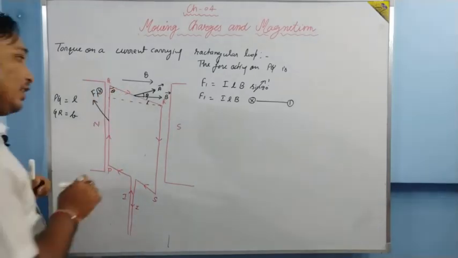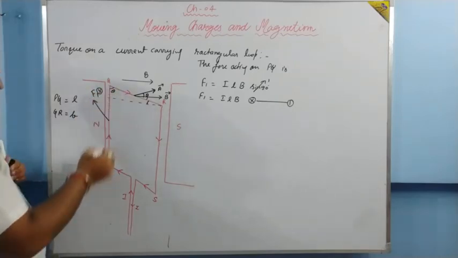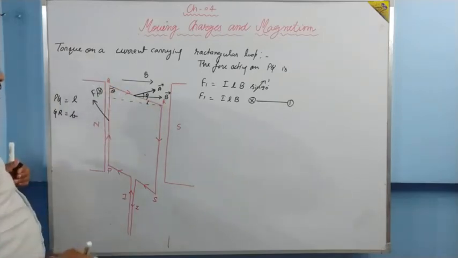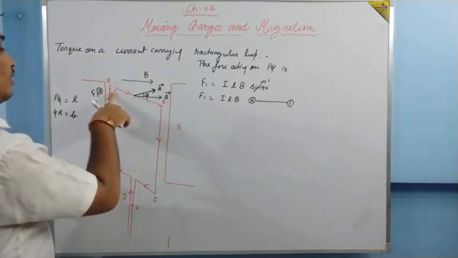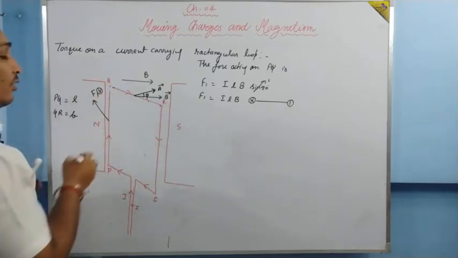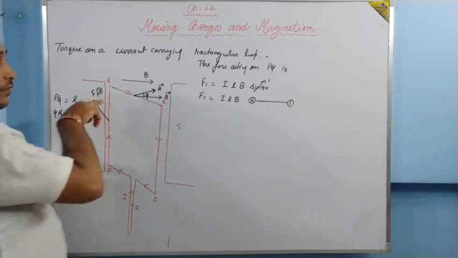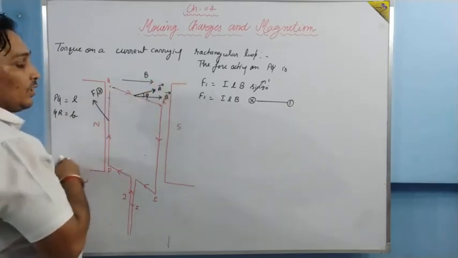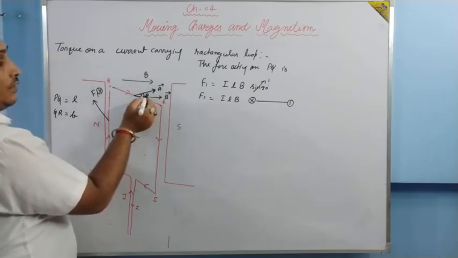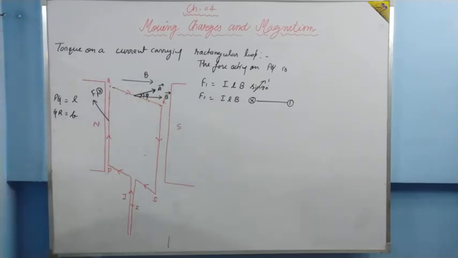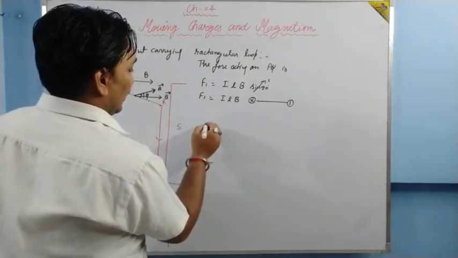I am not telling that theta is the angle between PQ and QR. Okay, let me make a separate diagram for that. But first of all, just try to understand. Here the direction of area vector is this, so basically this whole angle will be 90 degrees. If this angle is theta, then this angle will be 90 minus theta. Now if you go to the top view, from the top how will it look?